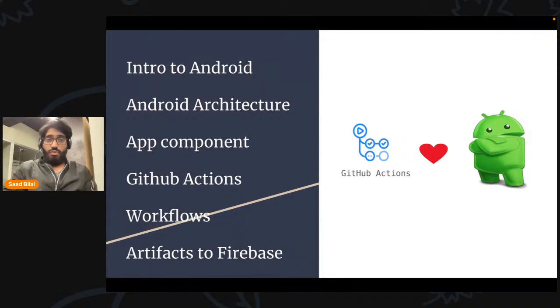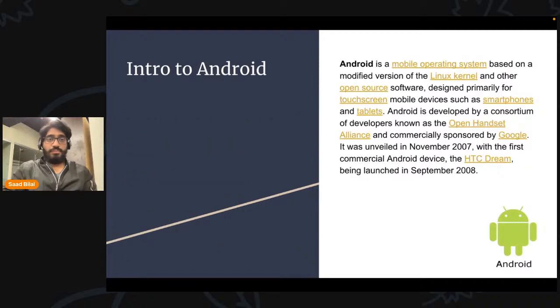Then I will show you how we can make a repo and interact with GitHub Actions. Then we talk about workflows, and then we jump into the artifacts. We have to upload the artifacts to Firebase. I'm using Firebase here, but we can have many options. I'll discuss that in later slides.